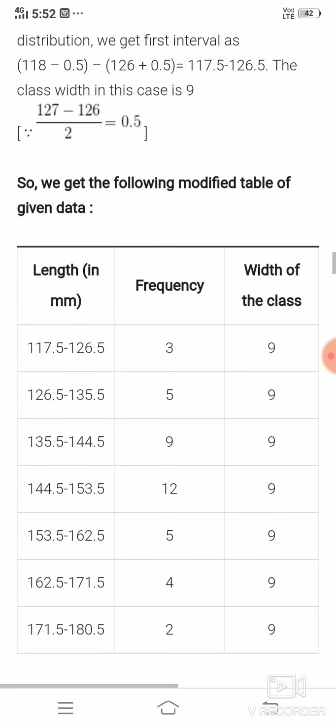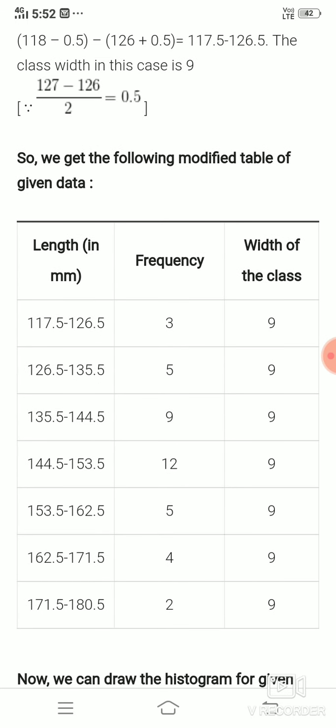The intervals are not continuous, because the first interval's upper limit is 126 and the second interval's lower limit is 127. We need to make them continuous. The difference between 126 and 127 is 1, so half of it is 0.5.